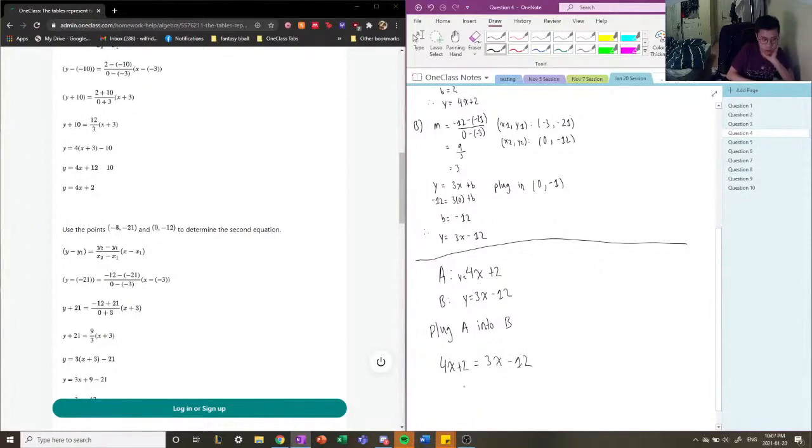What do we get if we isolate for x? We move x to the left side and all our constants to the right side, and we have x equals negative 14.